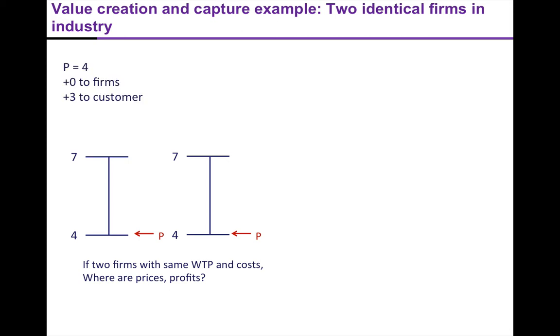So under this scenario, you have two identical firms that aren't doing anything special. Prices go to cost, the firms get no profits, and the consumers or customers get $3 of benefits from purchasing either of these two products. Okay, that's how competition benefits consumers.